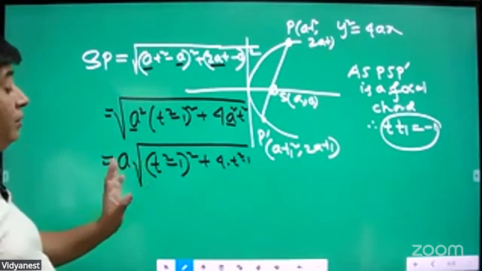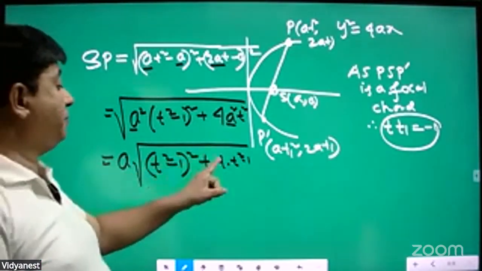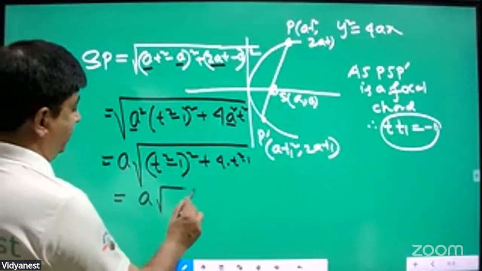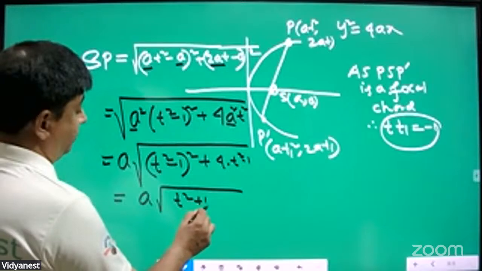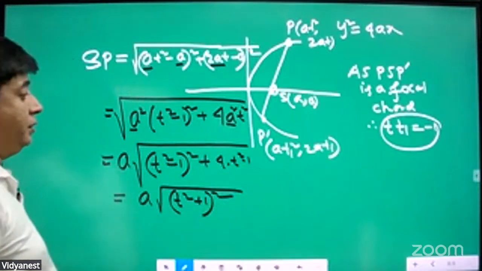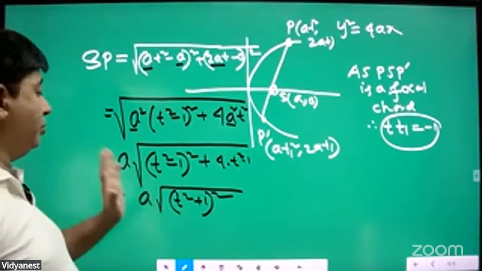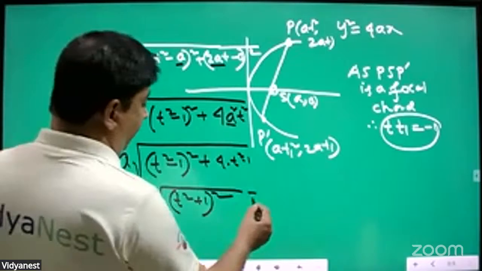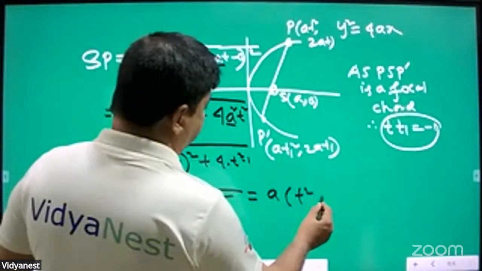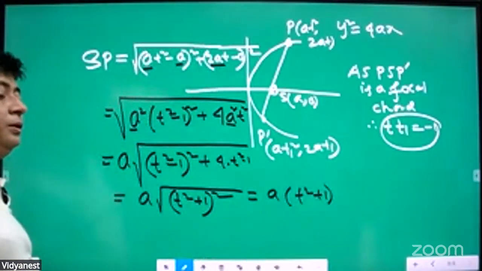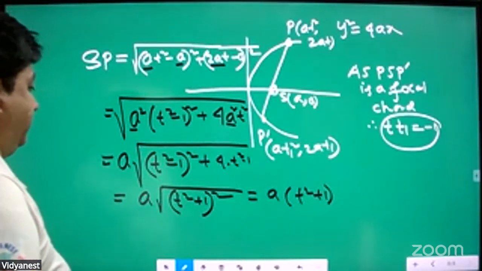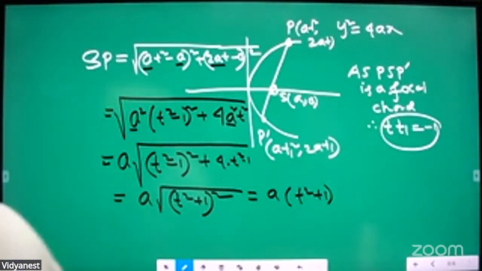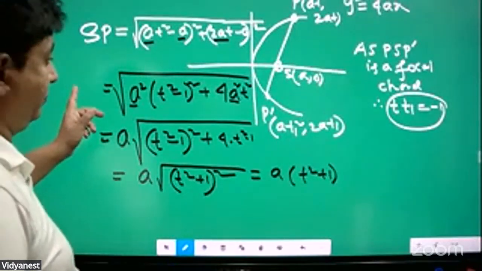Now that a square will be brought out of the root in terms of a. So what formula will be remembered? (a minus b) whole square plus 4ab, so that will be (a plus b) whole square. So by the rule of irrational rational number, root will be removed. So SP's length is a(t square plus 1).